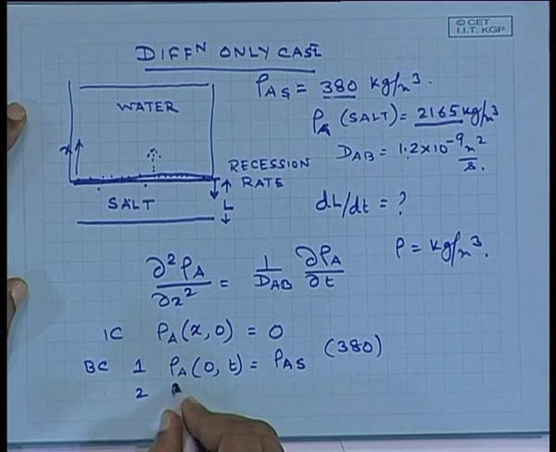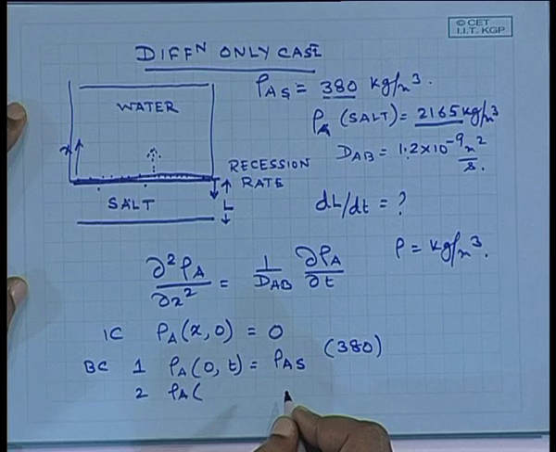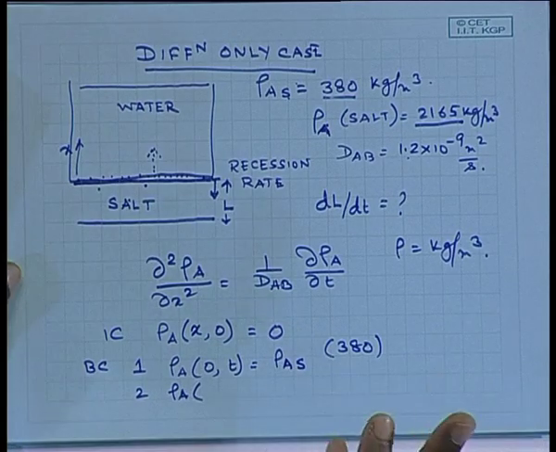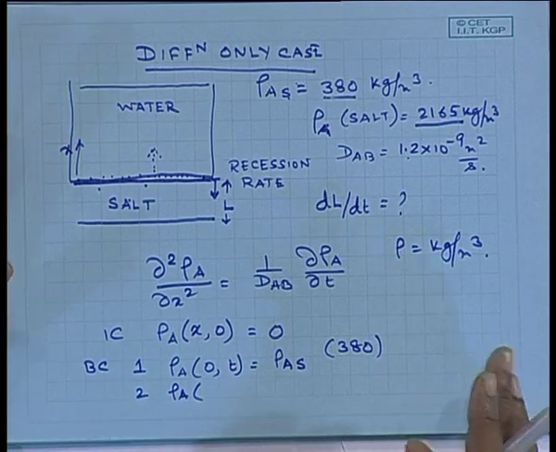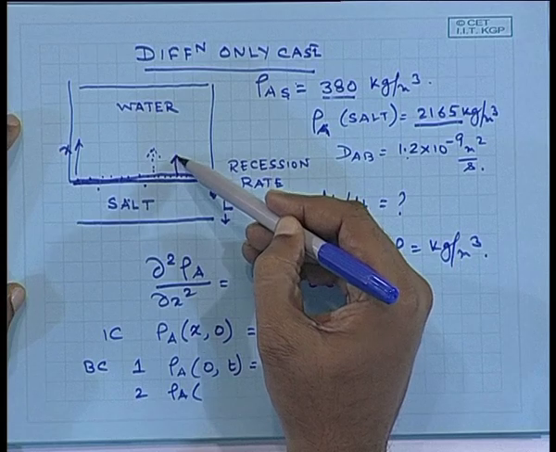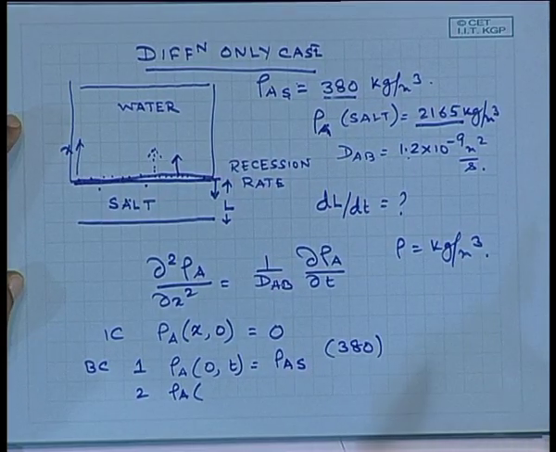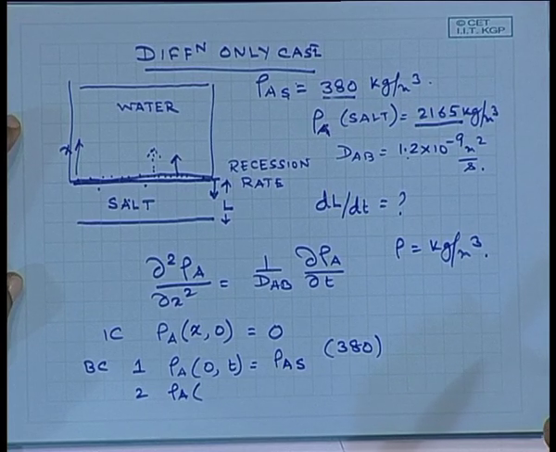Second is what would be the other one? Our axis is getting changed. X is slowly moving downwards, but we will have to do something else to find that out. Conceptually, what I am trying to do is find out the flux at this location x equal to 0. If I find the flux of salt at x equal to 0, that flux is going to be equal to the dissolution rate.